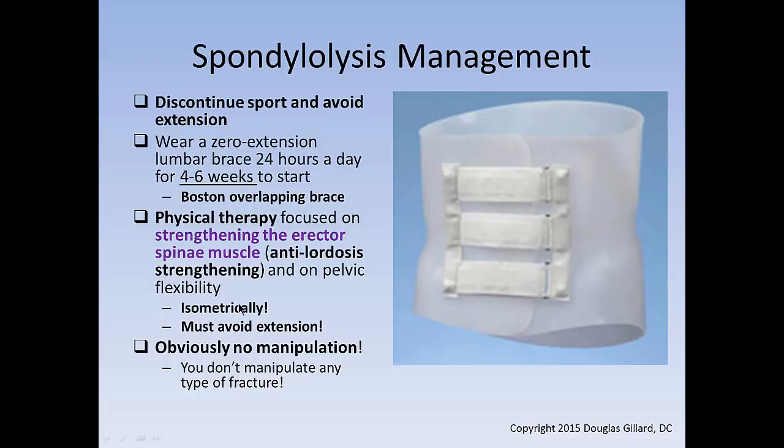Okay, there's a good test question. You can't do it concentrically or eccentrically. It has to be isometrically. The patient must avoid extension. So you can't have them go on one of those Roman chair sit-ups where they do hyperextensions. They cannot do that. But you can still strengthen them isometrically.